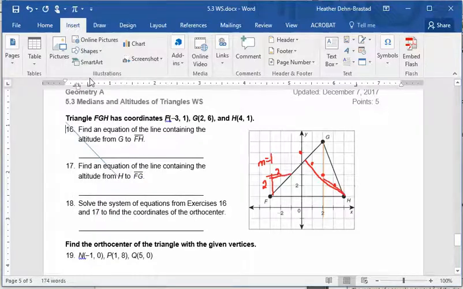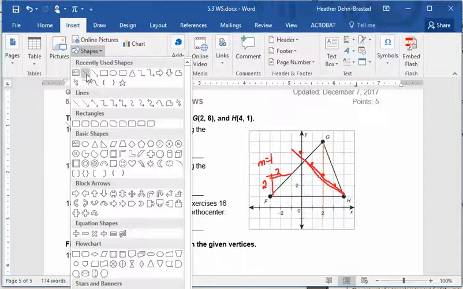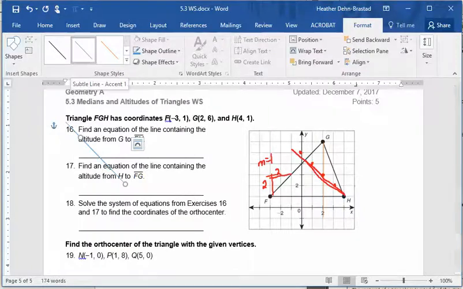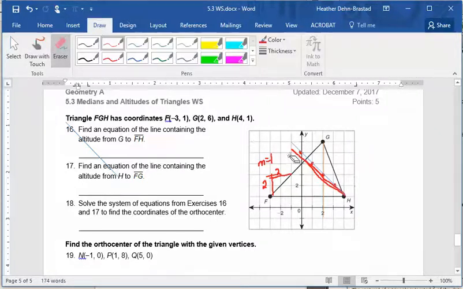From H, I want to go through all of those points as close as I can. Okay, so we have our 2 lines there, the blue one and the orange one.